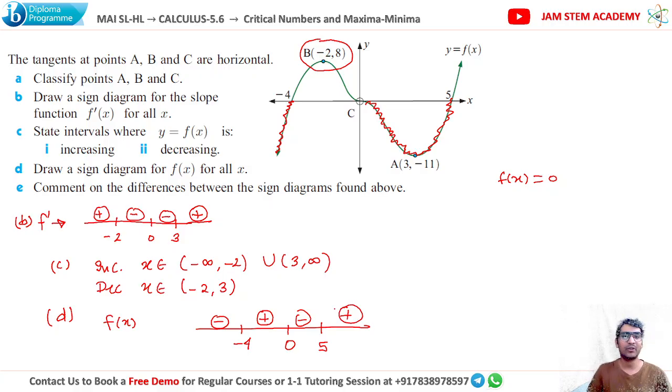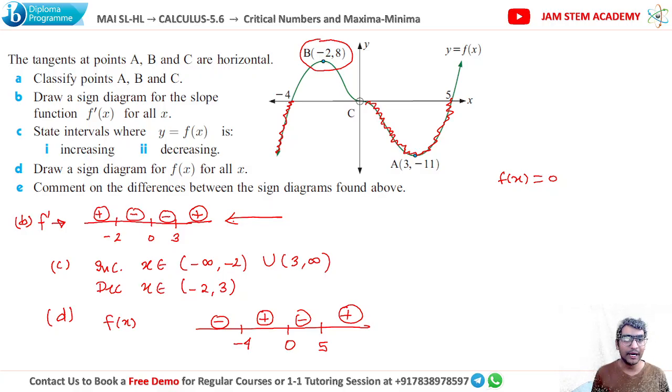Now the E part says comment on the difference between the sign diagrams found above. Actually, in the B part, the sign diagram of f prime shows us whether the function is increasing or decreasing, or has local maxima or minima, or a point of inflection, right?